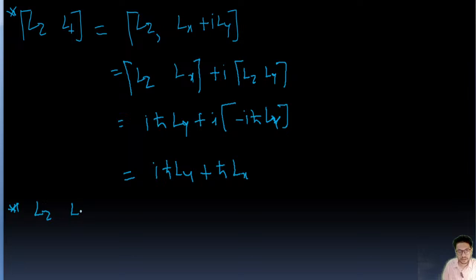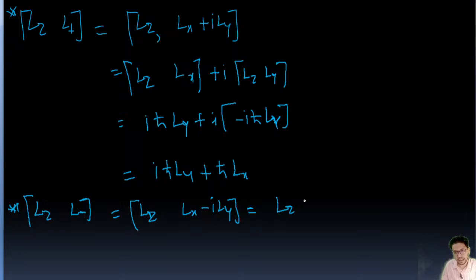Next is Lz L minus. We need to solve it. Simple. Lz will remain as it is, and L minus value is Lx minus iota Ly, right? We'll use the commutation property, so it is going to be Lz Lx, minus iota outside, Lz Ly.